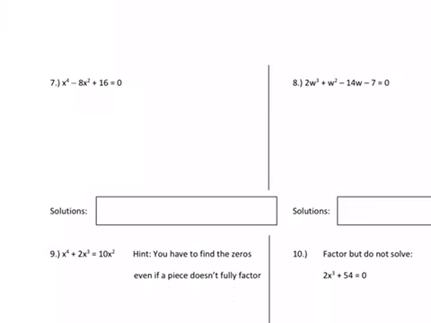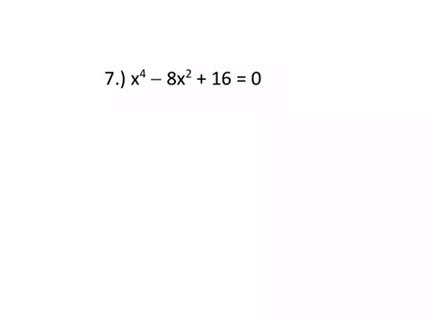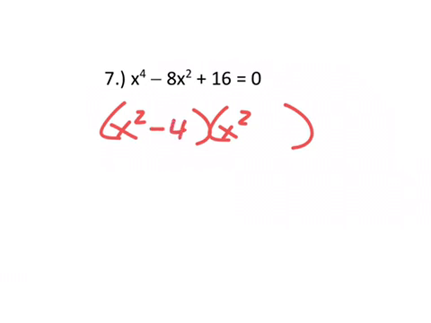Alright, here on the back side, I see x to the 4th, 3 terms. So I'm thinking regular style factoring, except x squared and x squared. Let's see, so then this will be a minus 4 and minus 4. Negative 4 times negative 4 gives me positive 16, but adds up to that negative 8.